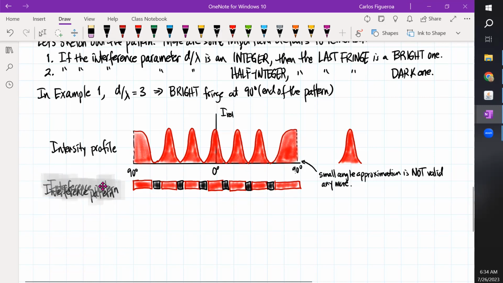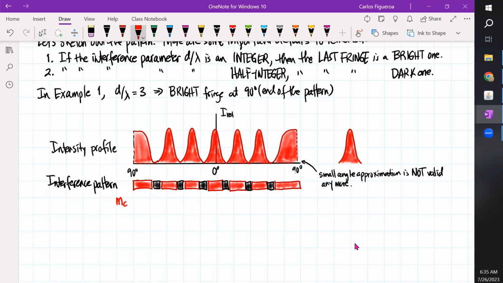So from our pattern, from the sequence that we just did, we have an MC value and we have an MD value. So when I look at MC, here's my 0, then I get +1, +2, +3, -1, -2, -3.